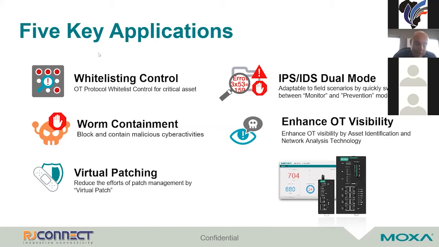For me, one of the most important is the virtual patching. I find this a very, very vital part of the next generation of firewalls. Obviously, IPS and IDS in the different modes, and then of course the enhanced OT visualization of the network.